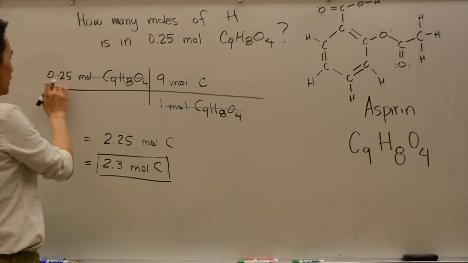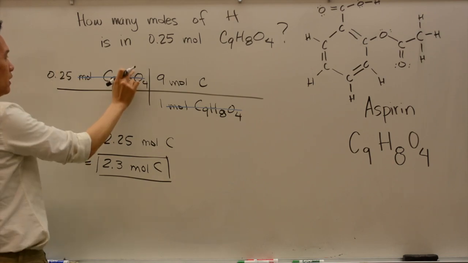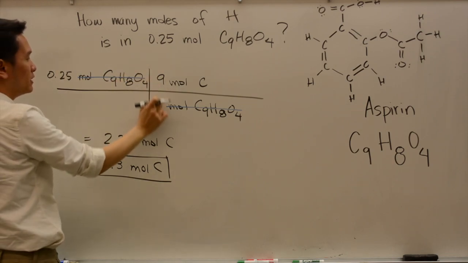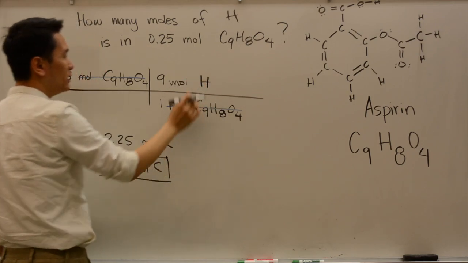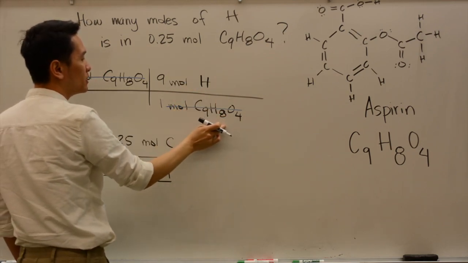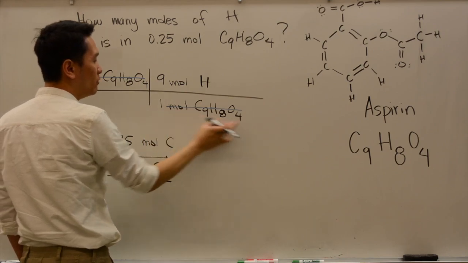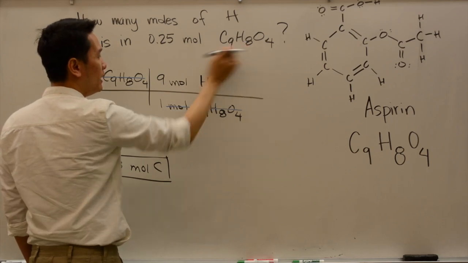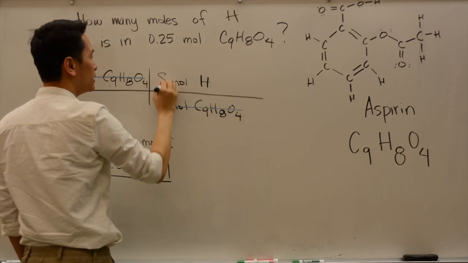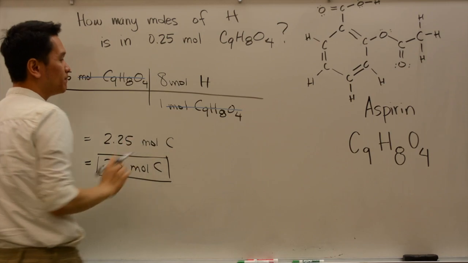So you start out with the same given, but the ratio is now different, since we're not talking about carbon, we're talking about hydrogen here. What's the relationship between hydrogen and the whole molecule itself? For example, if there's 1 mole of the whole molecule, how many moles of hydrogen do you have? 8, right? So the ratio is 8 to 1.